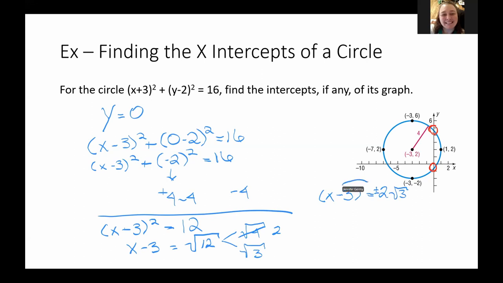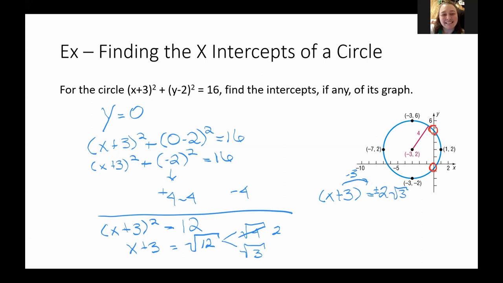Now let's move that 3 over there. Let's be plus 3 this whole time. There we go. So our answers are going to be, let me change the color so that we can see it.